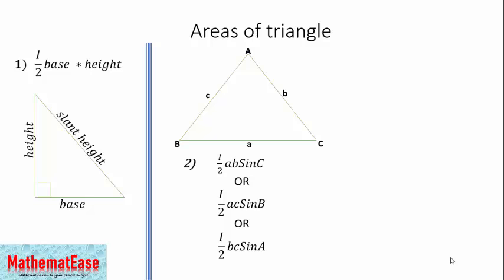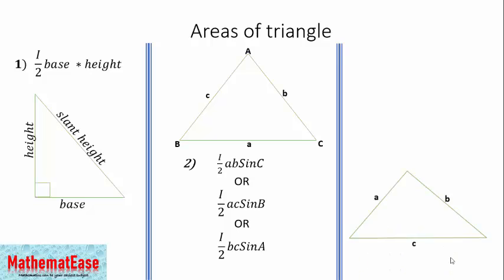Then another one I would like to explain is when you have a triangle and you know all the sides: you know side a, side b, and side c. Use a formula known as Heron's formula. You first find S by adding a plus b plus c and dividing by 2.